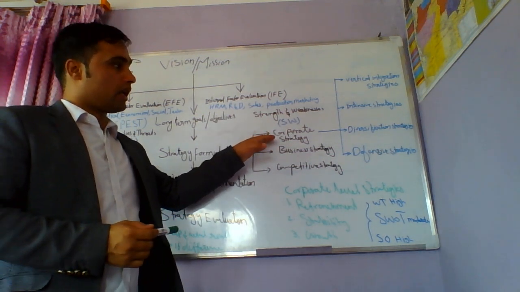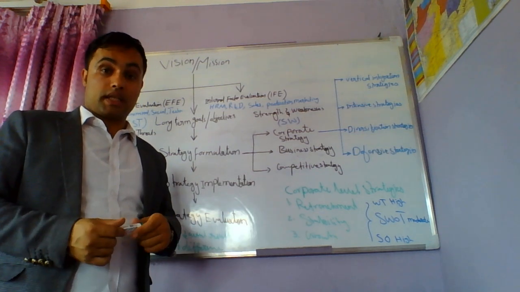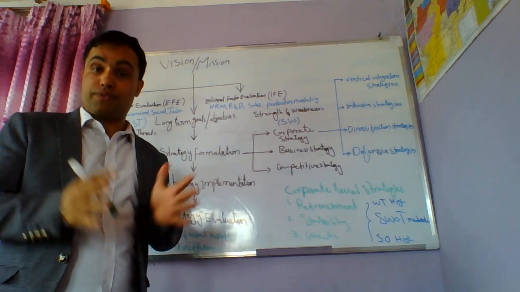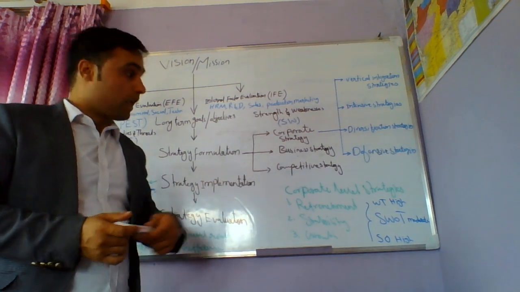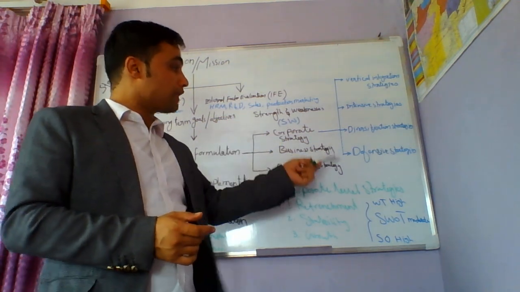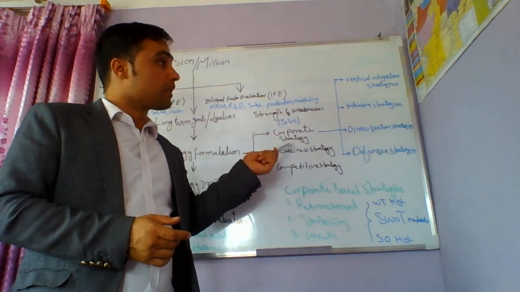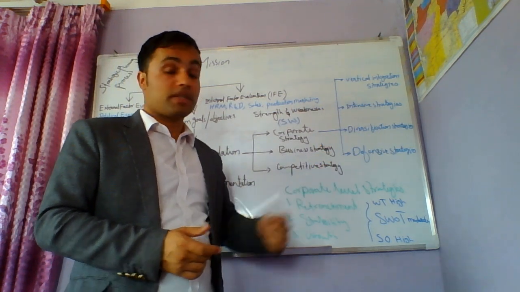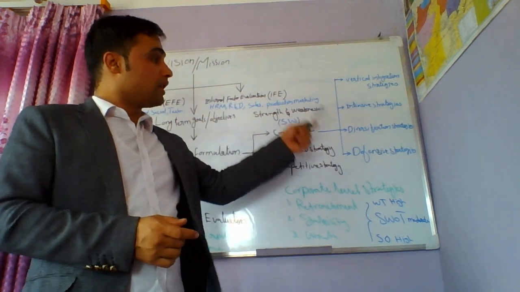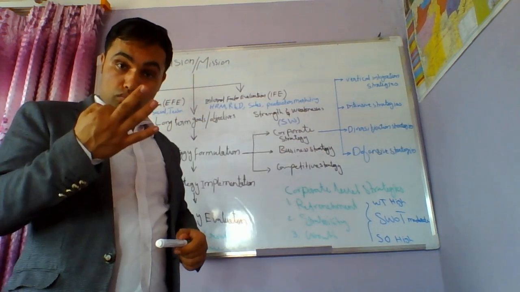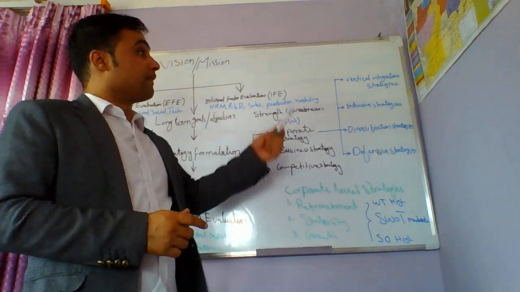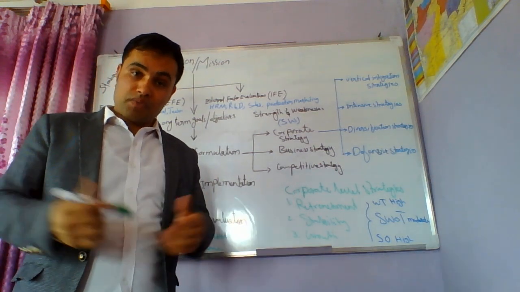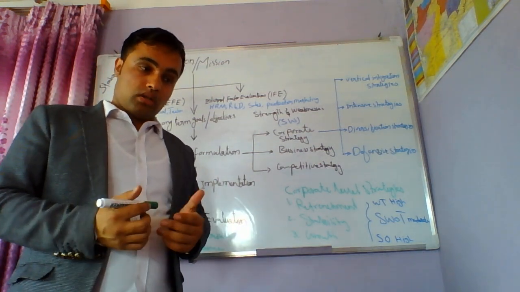Corporate strategy has lots of other strategies that can help you survive in different situations, with consideration of the different factors that you're facing. There are four main strategies under corporate strategy: vertical integration strategies, intensive strategies, diversification strategies, and defensive strategies. All these are divided into more strategies. Vertical integration strategies are mainly about integration.